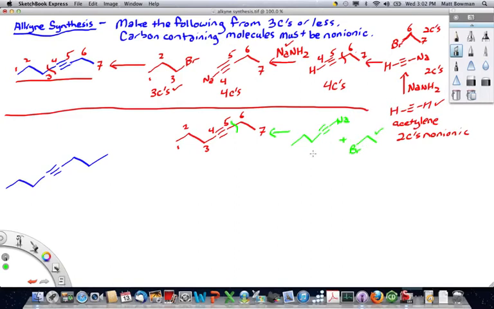This doesn't, so we have to make him. Can't stop. Make him by adding NaNH2 to a terminal alkyne. This has 1, 2, 3, 4, 5 carbons. So we can't stop there because 5 is not less than or equal to 3. So again, to make him, we can make the 3-4 bond.